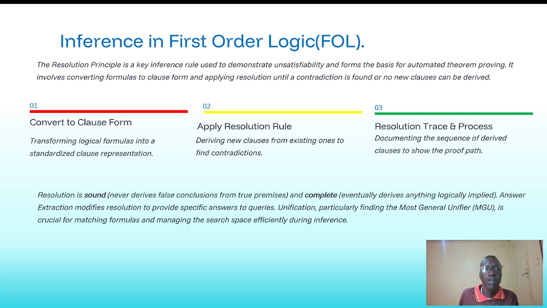It involves converting formulas to closed form and applying resolution until a contradiction is found or no new clauses can be derived. So here we are saying it provides the framework for deriving new knowledge using the resolution principle, and unification is explained, showing how automated theorem proving can be achieved here.